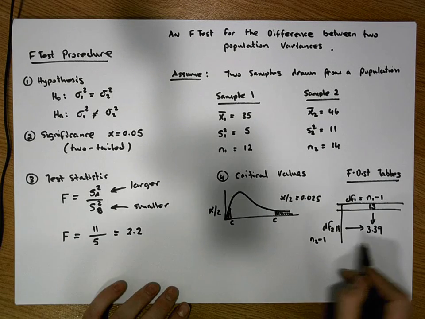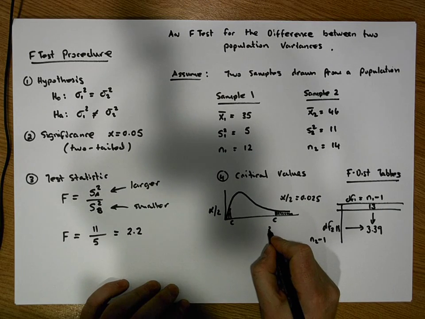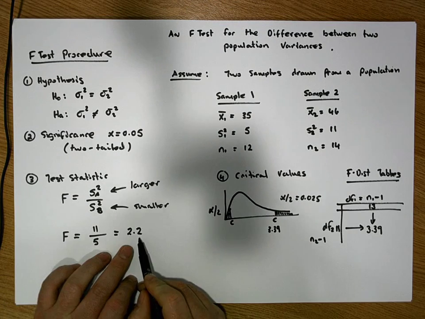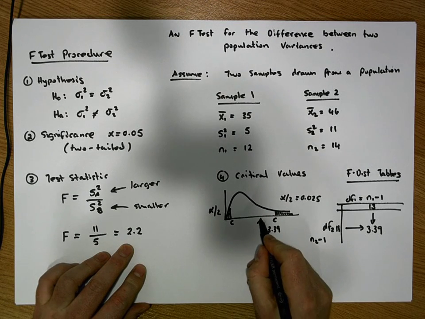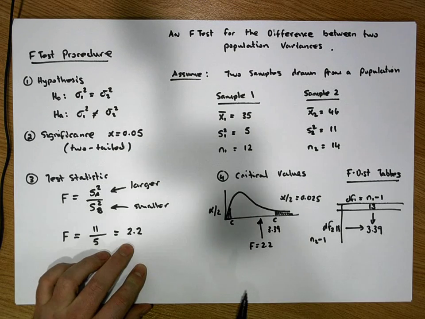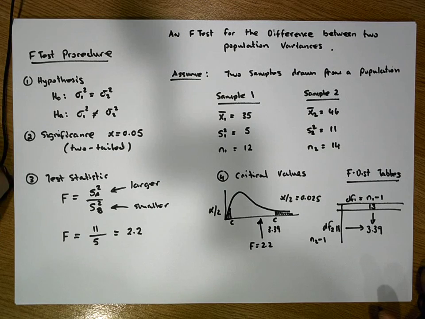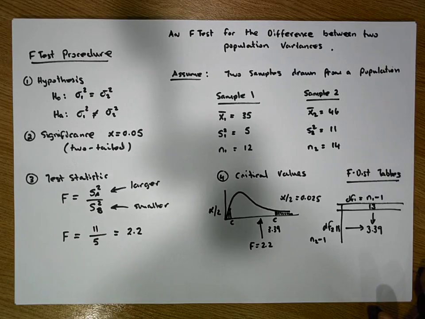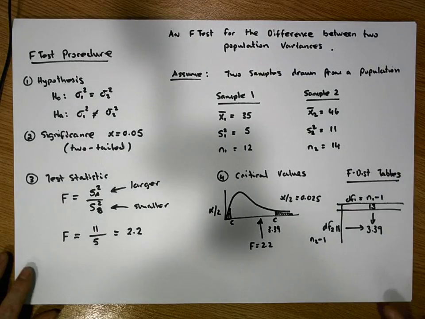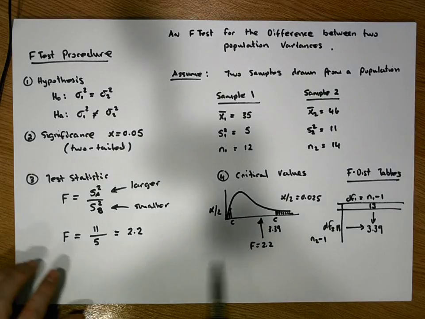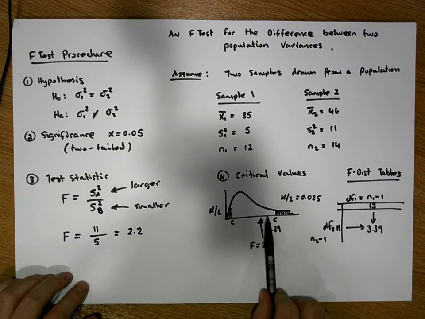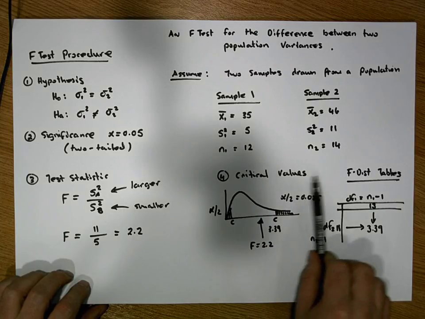This critical value here is 3.39. Now our test statistic is 2.2, so our test statistic is in here. Don't forget what we said in one of our previous videos with respect to the logic behind a hypothesis test. If there was a significant difference between these two variances, we'd expect that ratio to be far out in the right-hand tail.